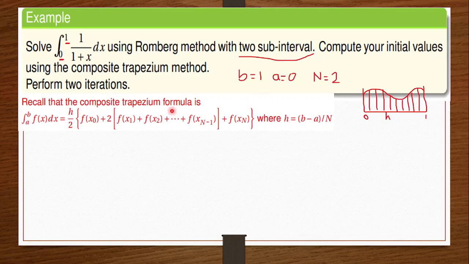So this is the formula for the composite trapezium method. Don't let it scare you, we'll get through it. Here h equals b minus a on n. The interval is from 0 to 1, and this h is the step length.